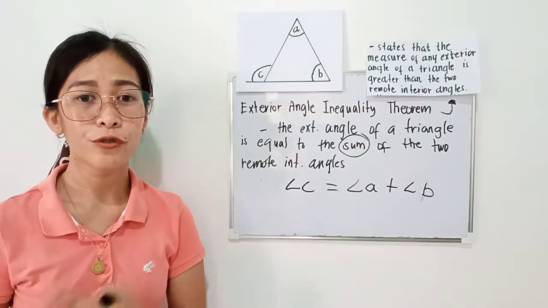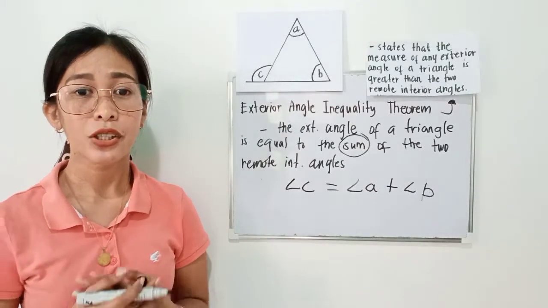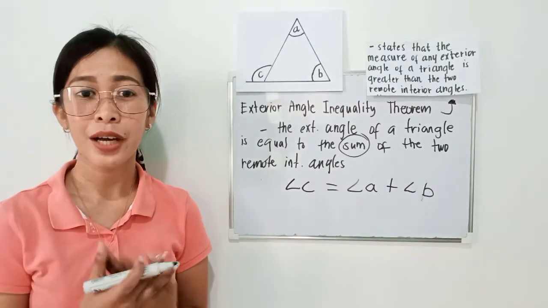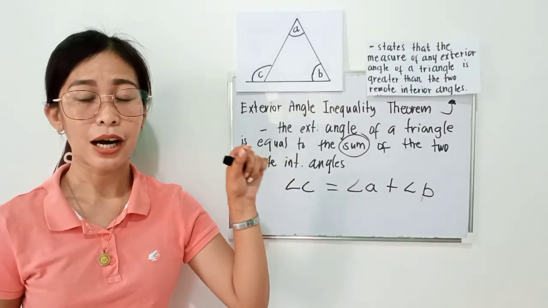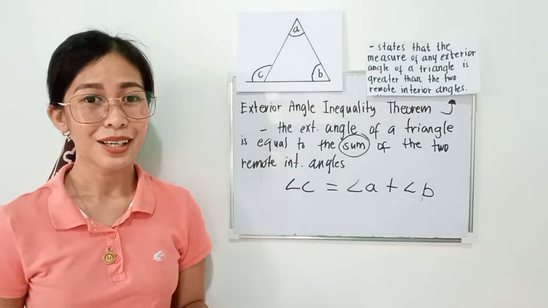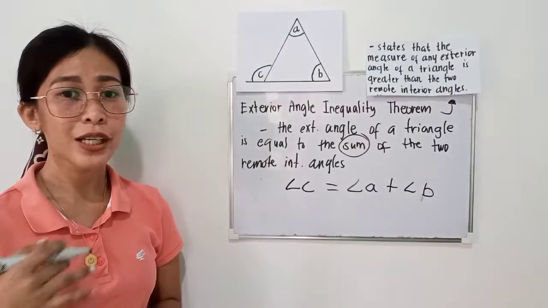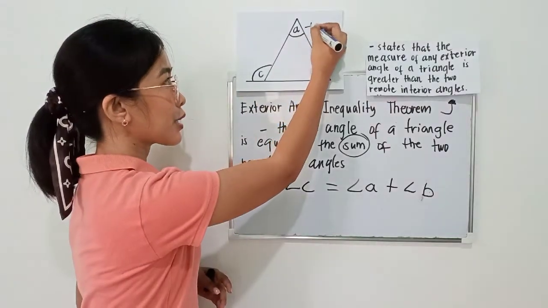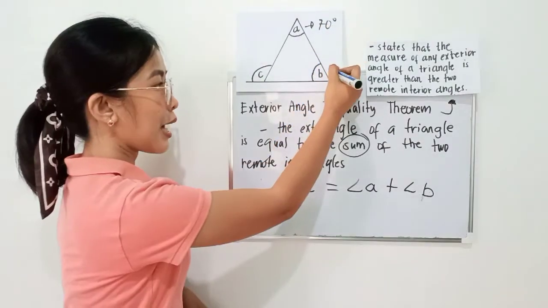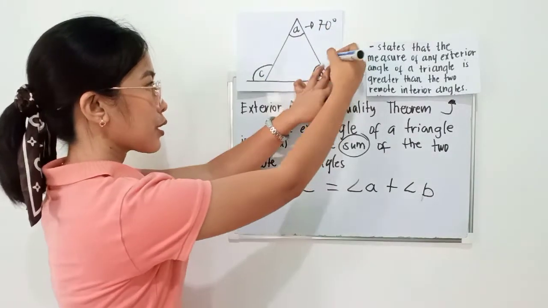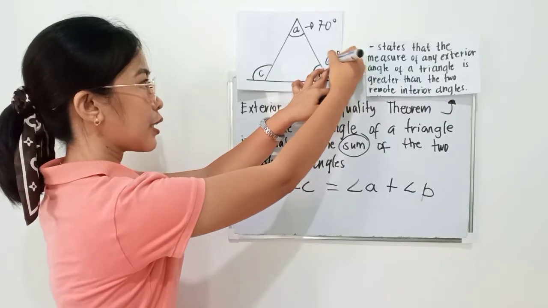Basta, what you are going to do first is to identify the exterior angle and then identify next the remote interior angles of that specific angle. Alright? So, let's say, for example, this angle measures 70 degrees and this angle measures 60 degrees. Ayan.